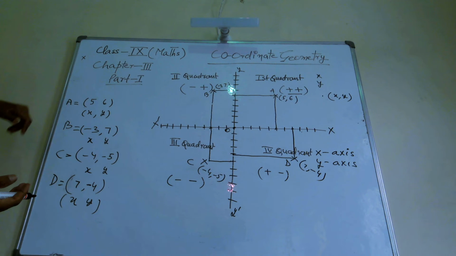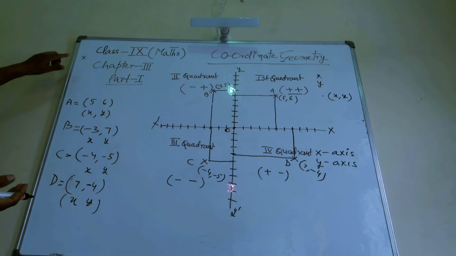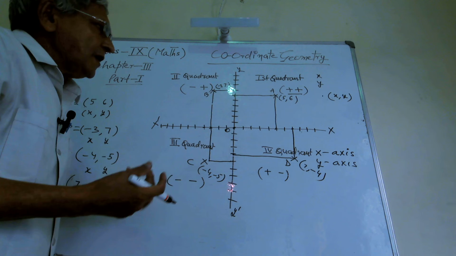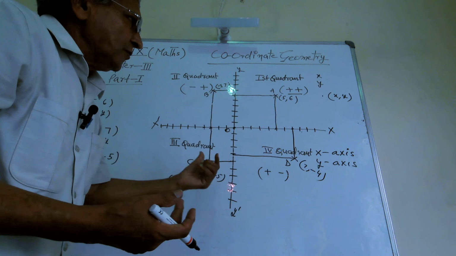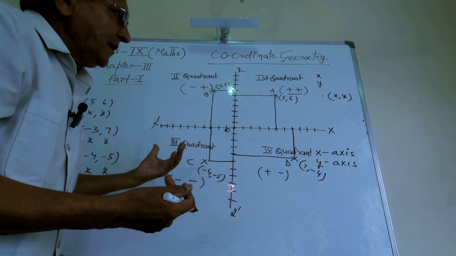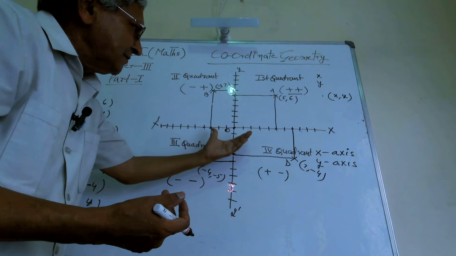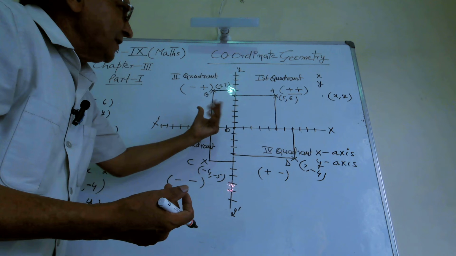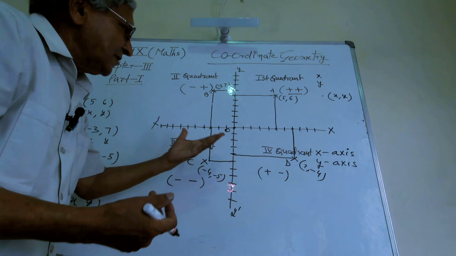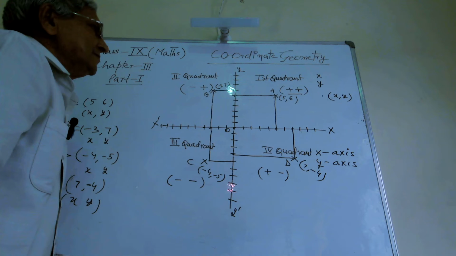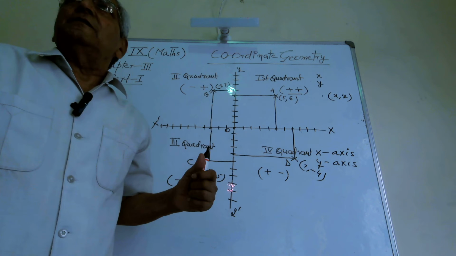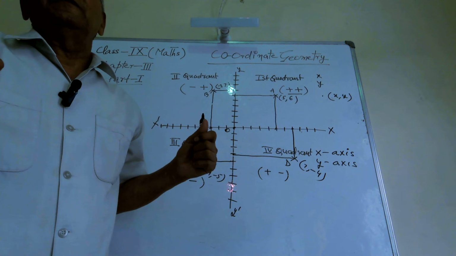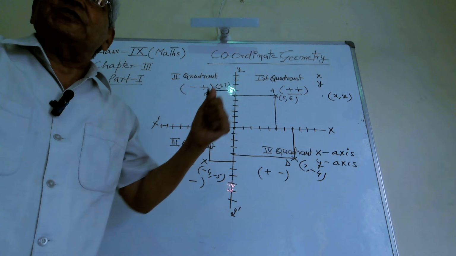You can find the position of a point if you have two perpendicular lines on the plane, the division of the plane into first, second, third, and fourth quadrants, and then you can move in any direction and reach that point.